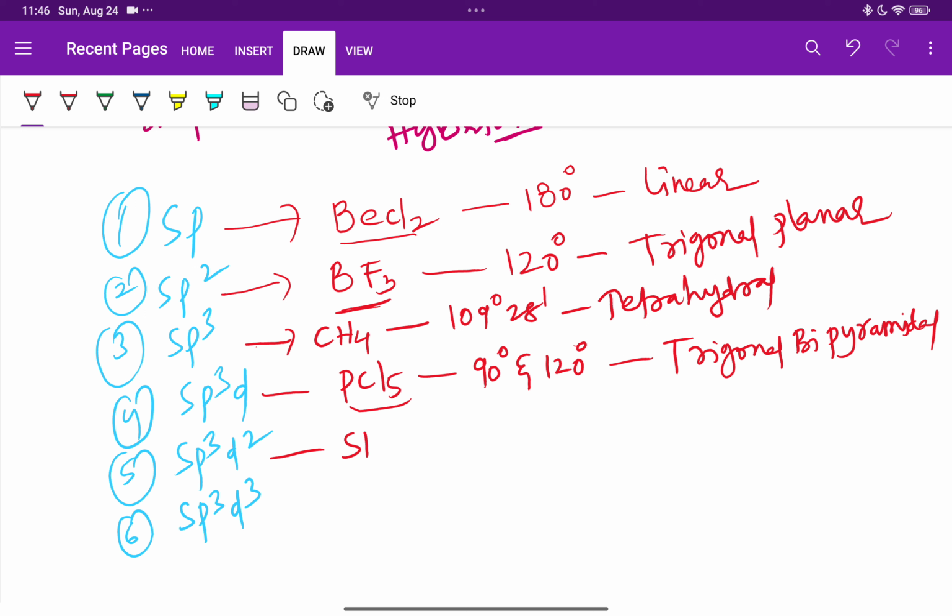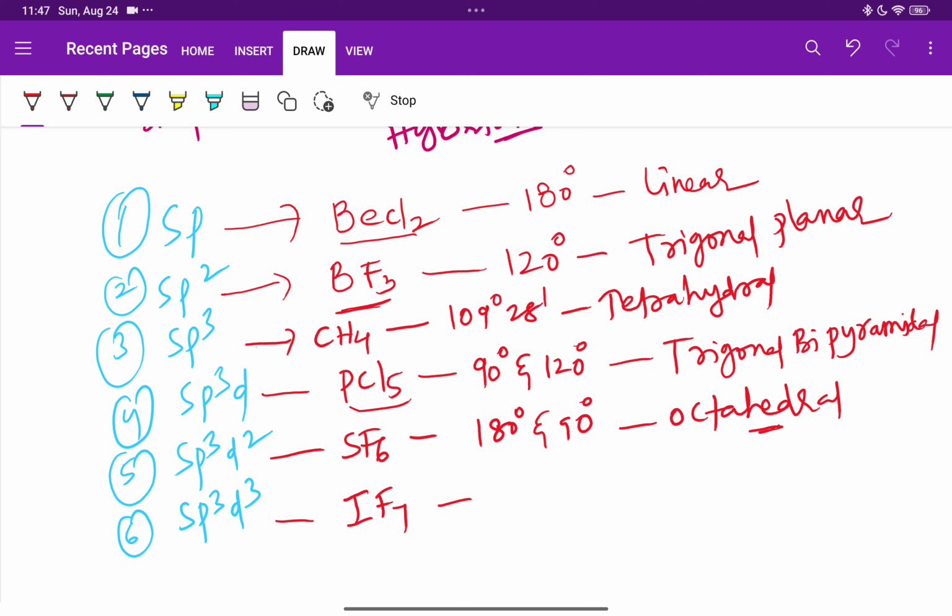And next, sp3d2: SF6, sulfur hexafluoride, and here the bond angles are 180 and 90 degrees. The shape is octahedral. And for sp3d3, the best example is IF7, iodine heptafluoride, and here the bond angles are 72 degrees as well as 90, and the shape is pentagonal bipyramidal.